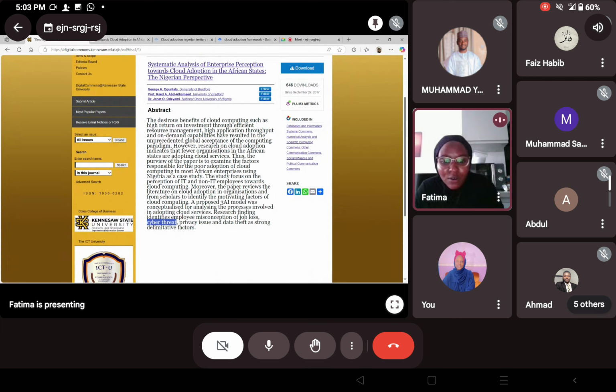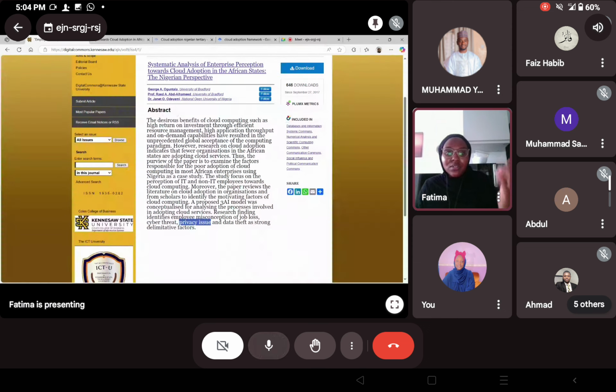Or is it a privacy issue? You look at what data protection laws you have in Nigeria and compare to other countries. What are other countries doing? So you could come up with a policy document advising the government on how to protect people's privacy on the cloud platform. So this is just an example of how a systematic review paper will guide you.